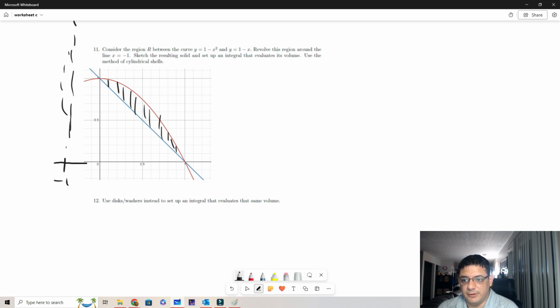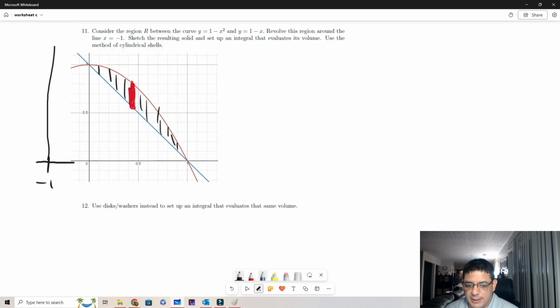Initially, we want to do cylindrical shells, and you gotta remember that for cylindrical shells, we pick a piece that is parallel to the axis of revolution. And then I'm going to have this as the distance. So this distance here is going to be a certain x. If this is x and this is -1, the distance from here to here is going to be x minus -1.